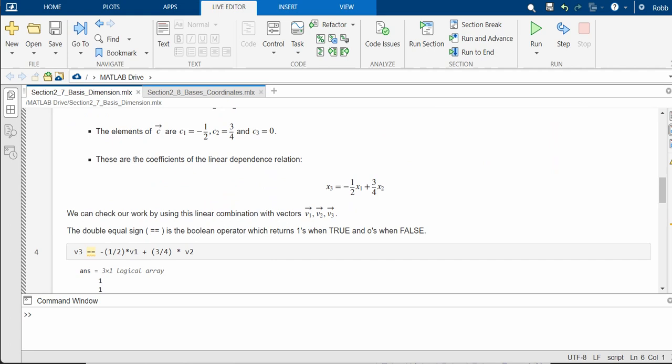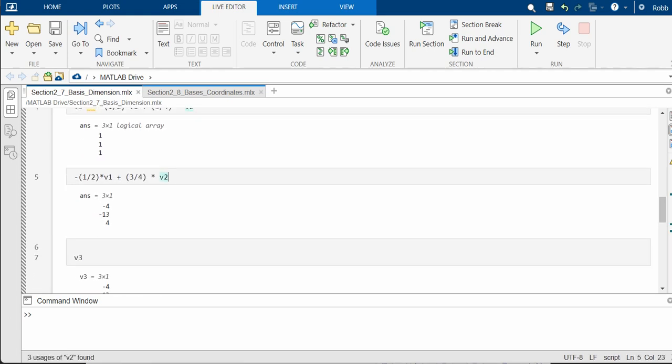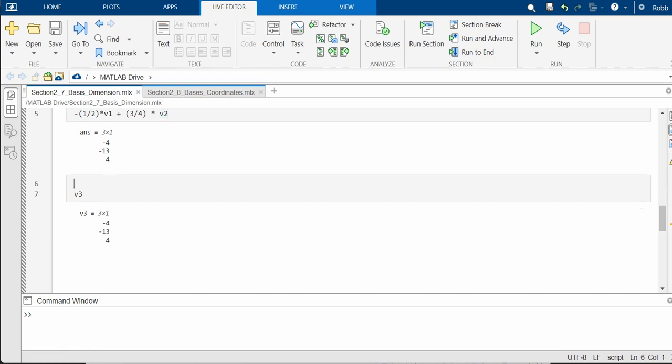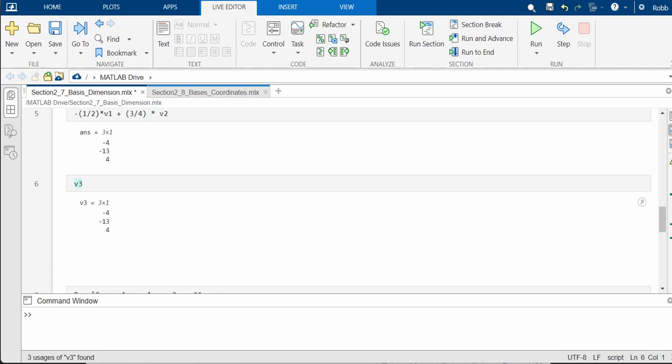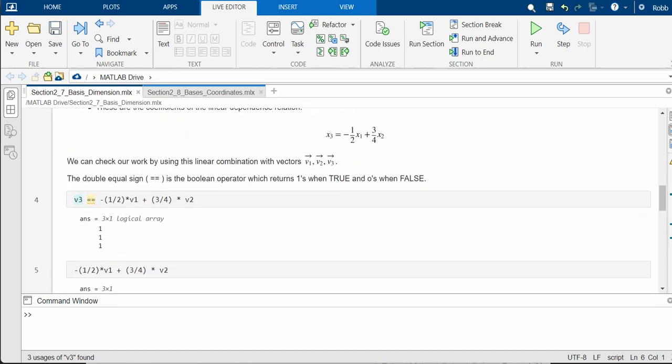So this equal sign gives it to us, and we can actually see it evaluating to the right thing. Here's v3. So if I had used v's here, we in fact have the correct linear combination of the vectors v1 and v2 that produces the vector v3.